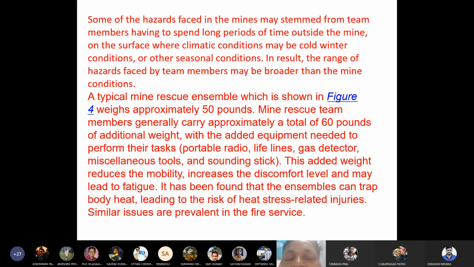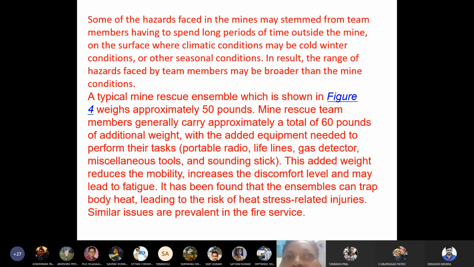It has been found that the equipment can trap heat, leading to the risk of heat stress related injuries. If they are fighting a fire or an explosion, their body's heat stress will increase and they may be injured.